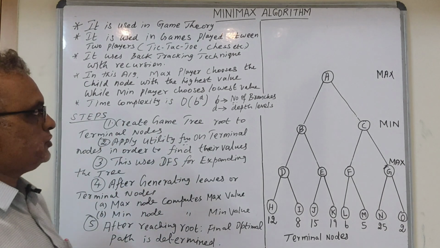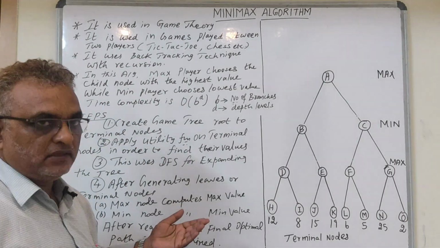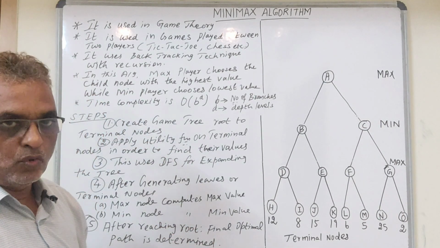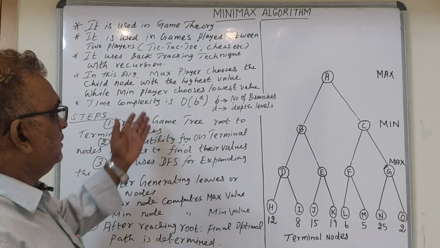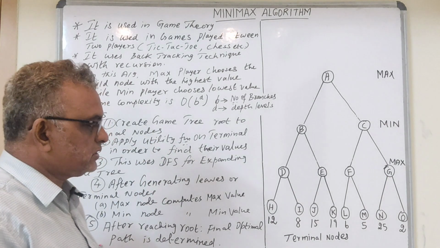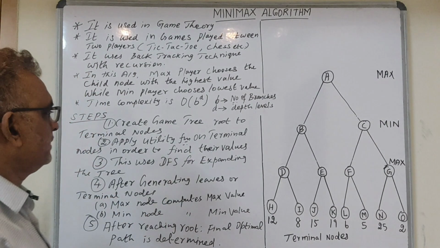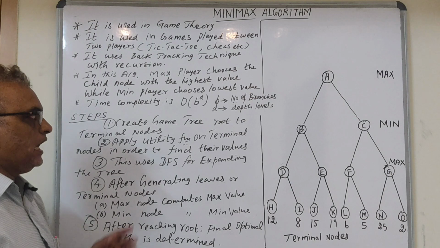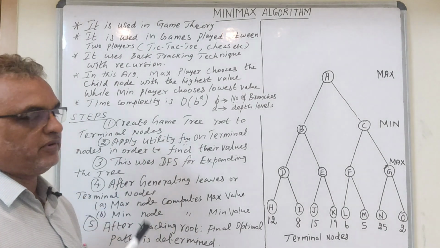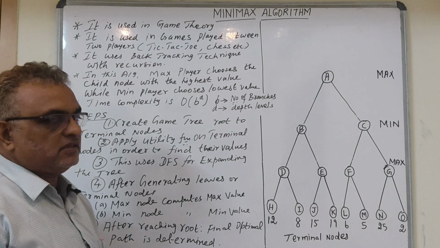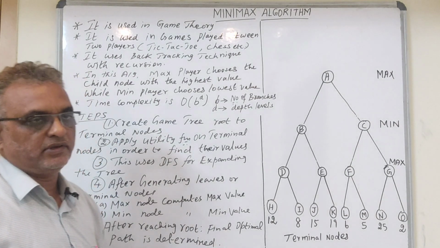The max player chooses the highest value from the child nodes, and similarly the min player will choose the minimum value from the child nodes. As far as the time complexity is concerned, it is O(b^d), where b is the number of branches and d represents the depth level.